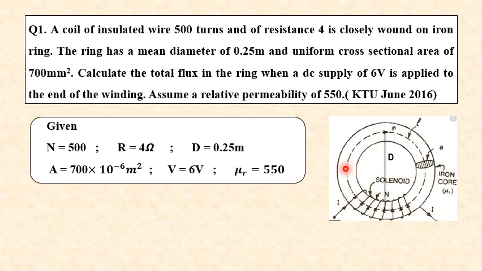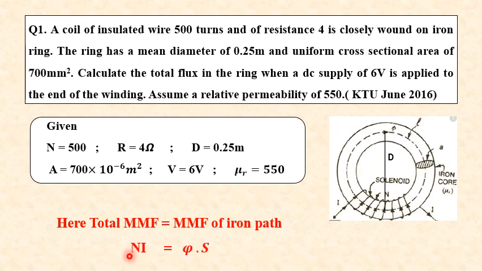Hence we can write total MMF equal to MMF of iron path. Substituting, we get Ni equal to phi into S, where N is the number of turns, I is the current, phi is the flux, and S is the reluctance of iron path.